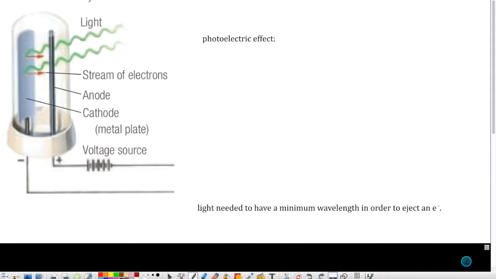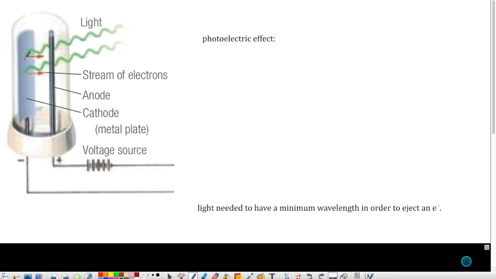Okay, so here's just that diagram again. You have a battery plugged into two metal plates, and you know that the two metal plates on their own, if they're far enough apart, won't conduct electricity, right? You need to have a full completed circuit.